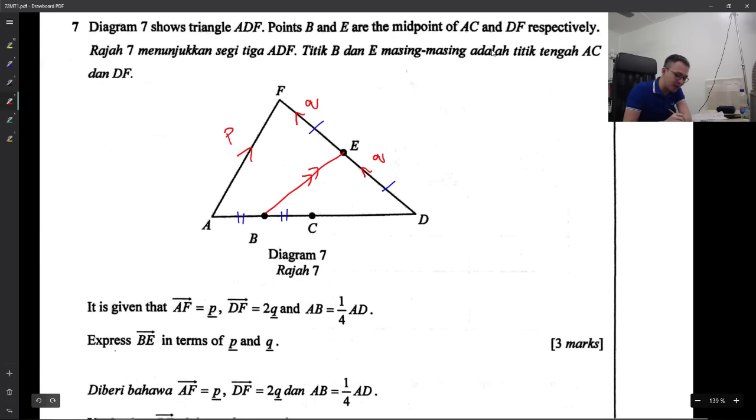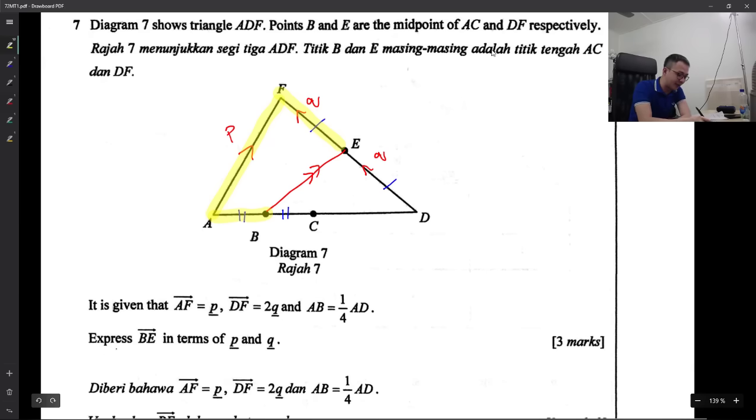So right now we want to do BE. In order to do BE, my easiest way is I will go all the way from BA to AF to FE. Okay, this is how I get the BE. In order to get the BE, I will need to do the BA. So therefore, I solve AB first.